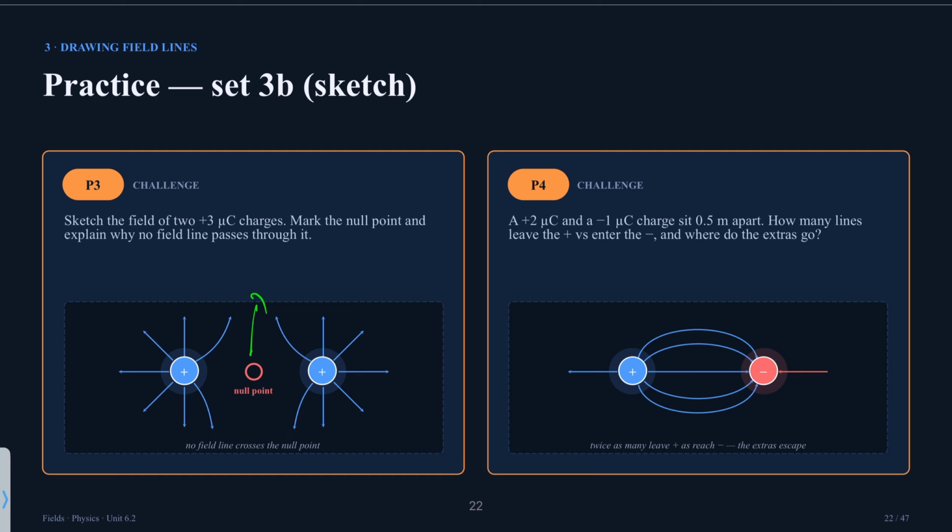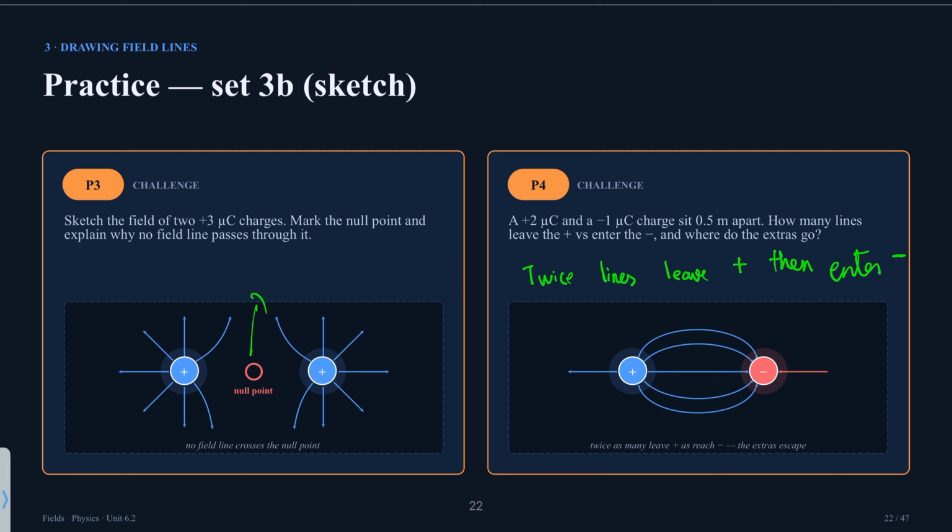Okay, a 2 microcoulomb and a negative 1 microcoulomb charge sit 0.5 meters apart. How many lines leave the plus versus enter the minus, and where do the extras go? Okay, so twice as many lines leave plus than enter minus, right?